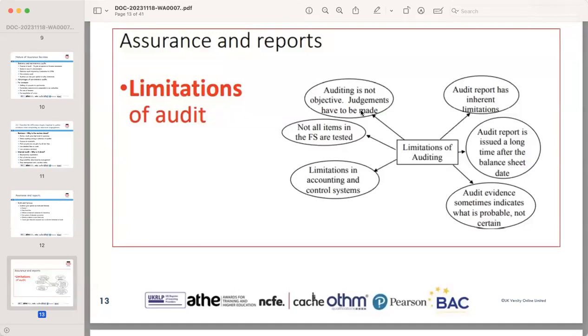So it's not 100%. Objective means sometimes you can be 100% sure, but here judgment has to be made. There is always something, like fluctuations. You understand?